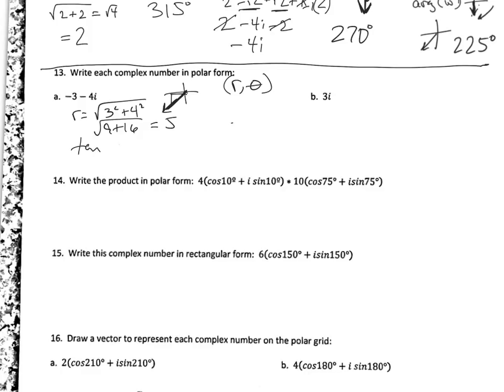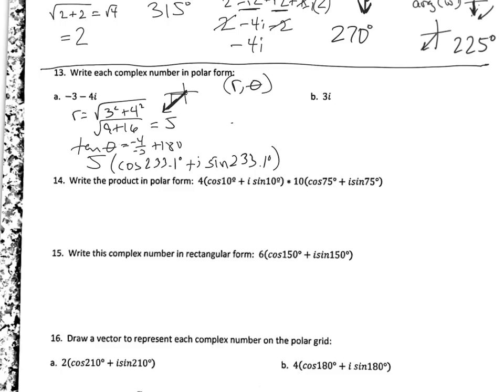So the tangent of our angle is -4 over -3. Make sure you add 180 to that, so you put it in the correct quadrant. It's 233.1. So it's 5 times the cosine of 233.1 plus i sine of 233.1.